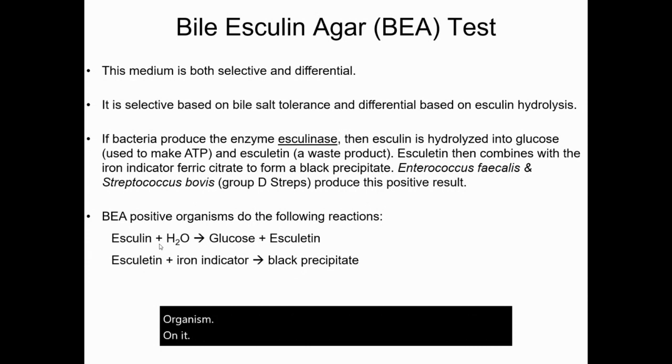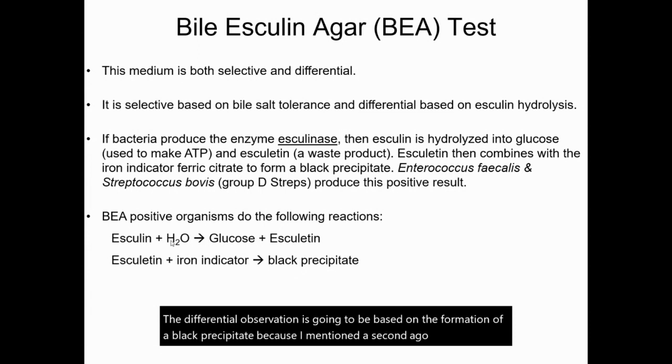The differential observation is going to be based on the formation of a black precipitate. Because I mentioned a second ago, if an organism can break down esculin, it will form glucose and esculetin. Glucose should sound familiar because that is a good starting material for metabolism, and organisms do metabolism to produce ATP, that's cellular energy.